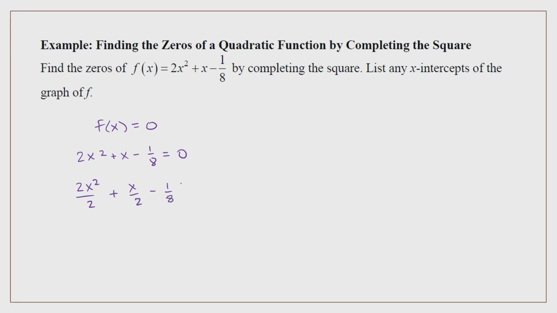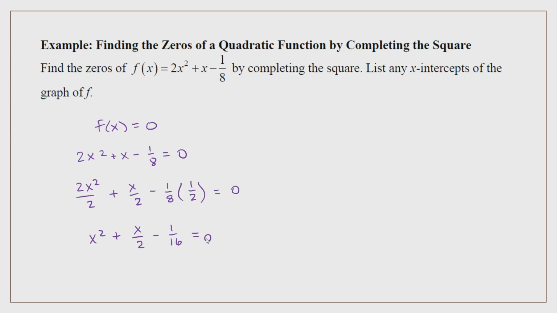Dividing it by 2 is the same thing as multiplying it by 1/2. And then 0 divided by 2 is just 0. So now we can simplify. So we have x squared plus x over 2 minus 1/16 equals 0.